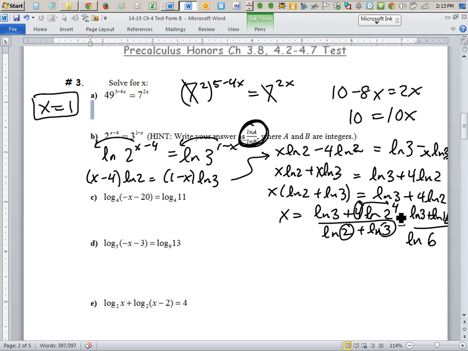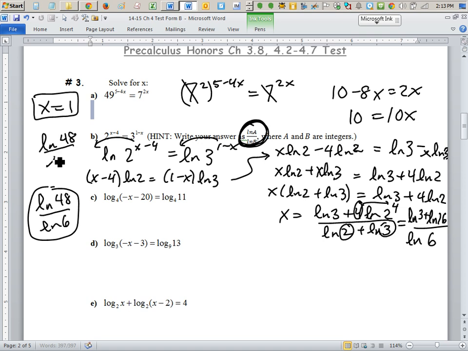So it's ln 3 plus 4 ln 2, but it's also known as ln 3 plus ln of 2 to the 4th. So this is a little bit hard to see. Let me rewrite this part a little smaller. So I have ln 3 plus ln 16 is what I found, which is really ln 48. So the answer I was looking for in this problem was ln 48 over ln 6. But there's an infinite number of ways to re-express that. So actually that's this answer. ln 48 over ln 6.